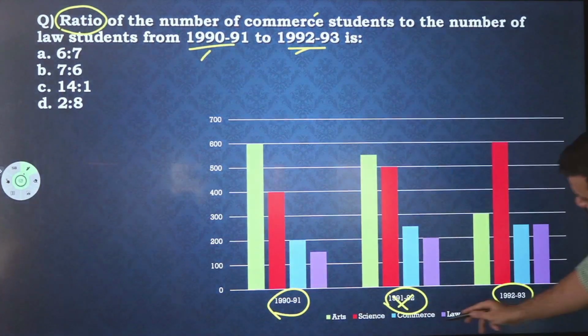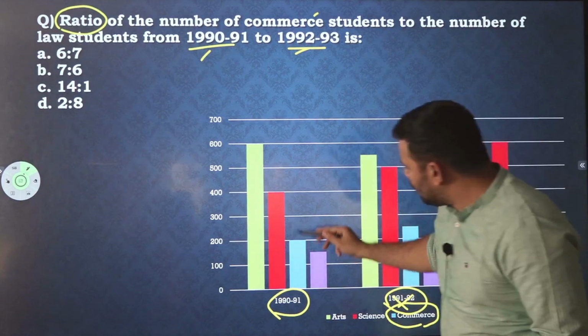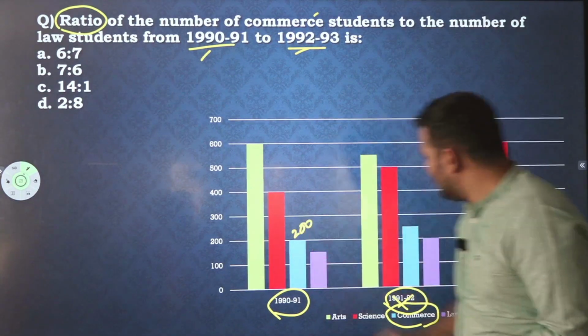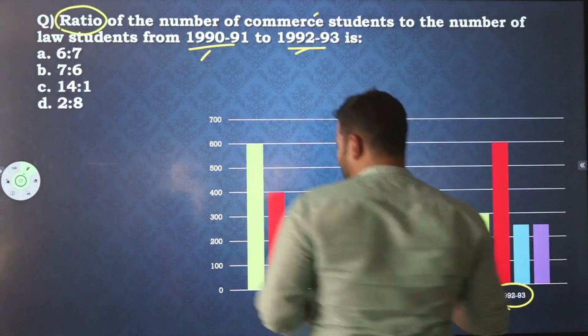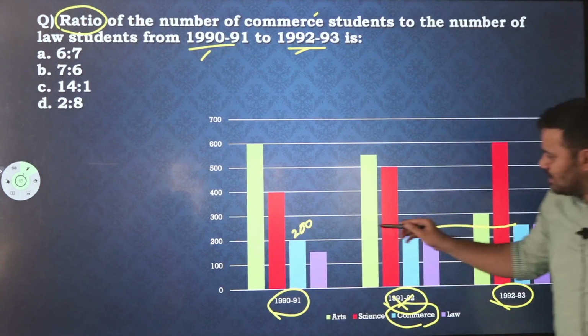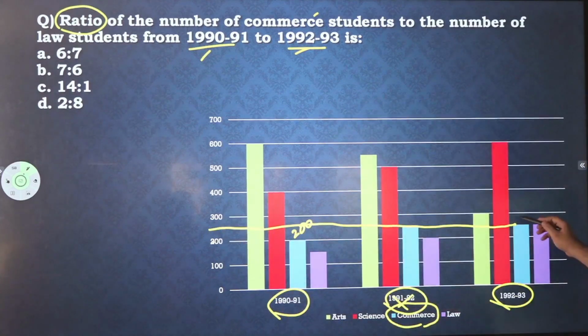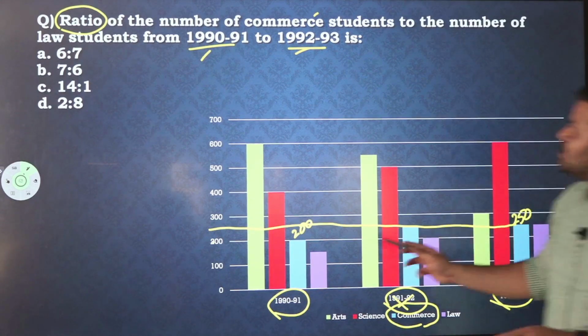Where do you see commerce here? Commerce is here, blue color. What is the value here? Blue color value here is 200, and here it is somewhere in the middle, not 200, not 300. I will call it 250. Here it is 250, here it is 200.